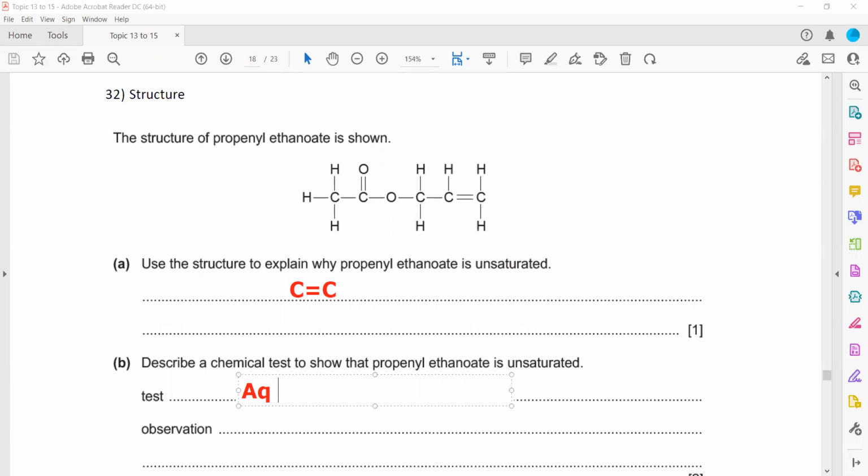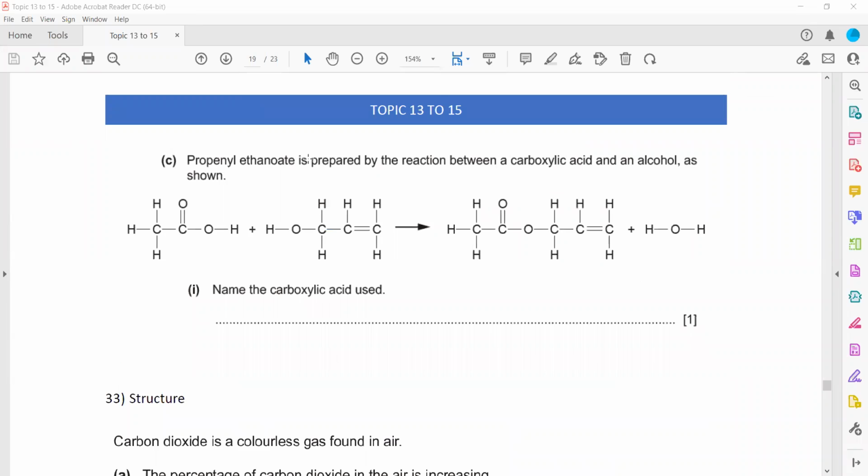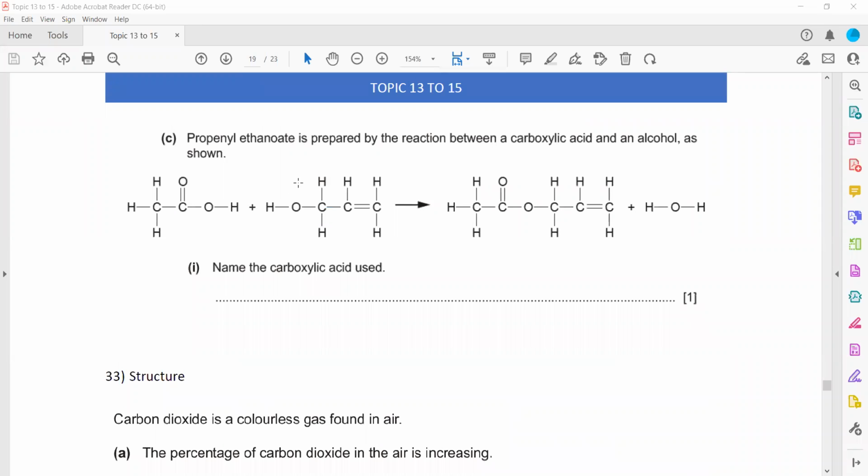We can use aqueous bromine, and what we will observe is it will turn from orange to colorless. Remember, aqueous bromine is orange to colorless. If it is bromine liquid only, then it is red-brown to colorless. Aqueous bromine is commonly used in the lab, so write orange to colorless.